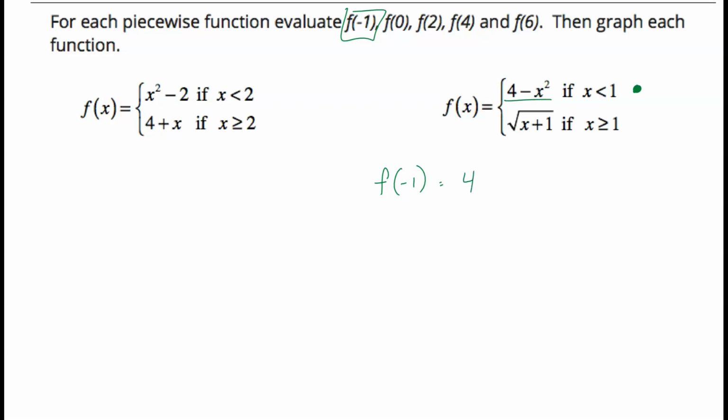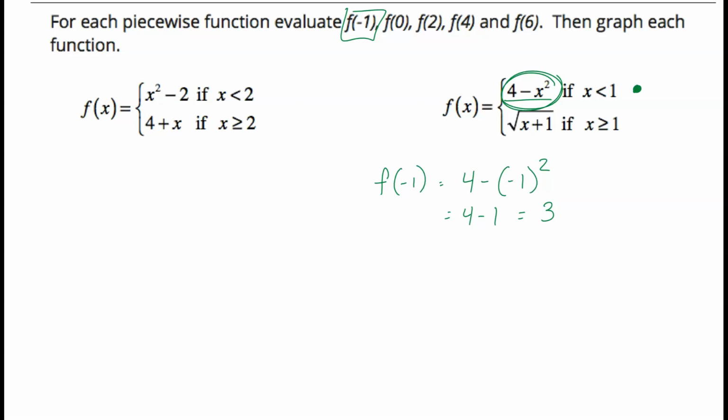So we plug in -1 for that first x there. We're first squaring -1, which becomes a +1. So this is 4 minus 1, which would just give us 3. So f of -1 is equal to 3.